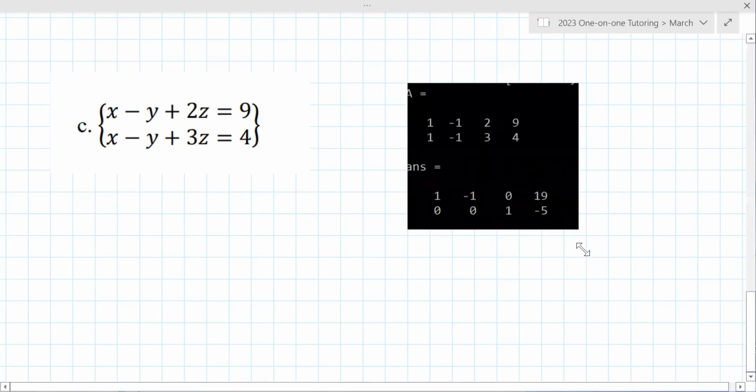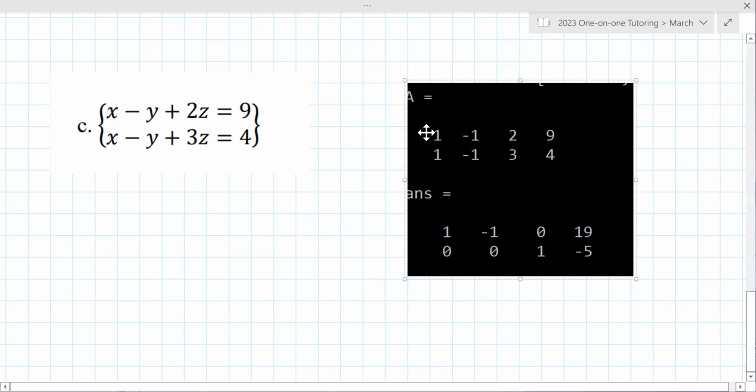All right, so just to clarify what's going on here, you would make a matrix with 2 rows and 4 columns, and the A here represents the coefficients that you have. The answer here is the reduced row echelon form. Your calculator would give you the same thing.